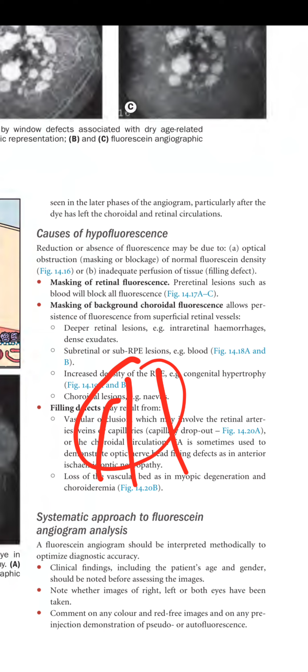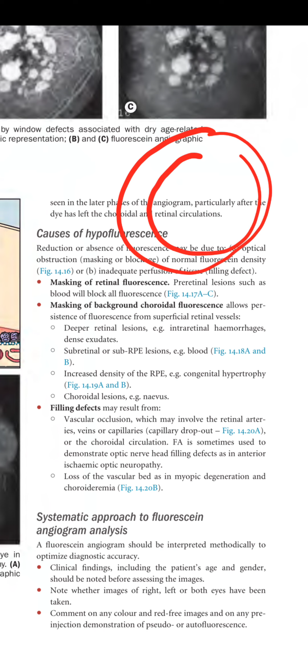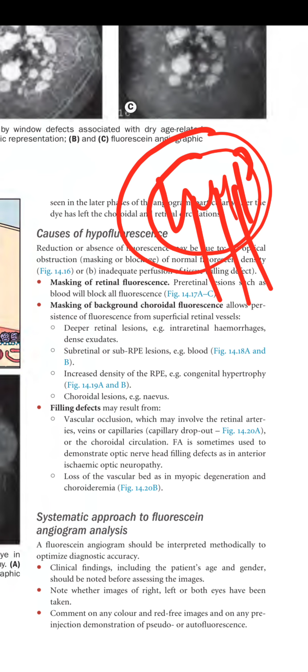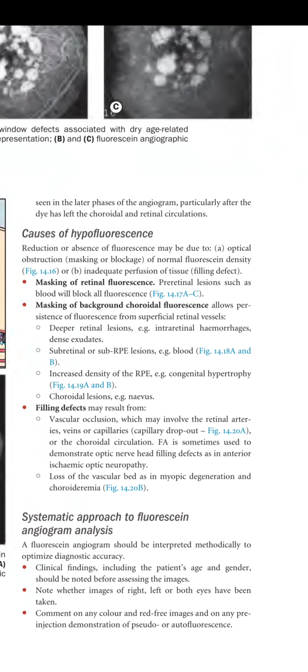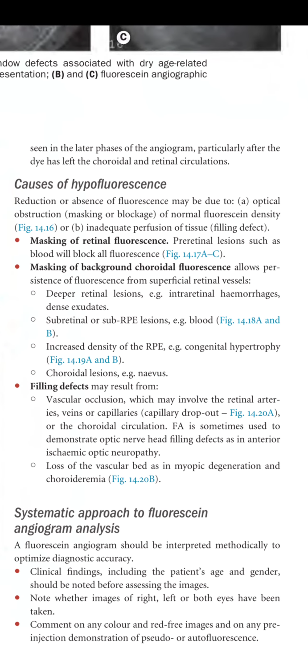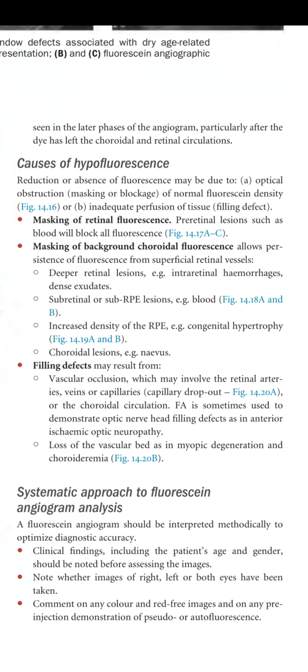Masking of the retinal fluorescence: pre-retinal lesions such as blood will block all the fluorescence. For example, if there is a vitreous hemorrhage obstructing the view, that area will appear hypofluorescent. Masking of the background choroidal fluorescence allows persistence of fluorescence from the superficial retinal vessels, for example in deep retinal lesions such as intraretinal hemorrhage, or subretinal or sub-RPE lesions, for example blood.